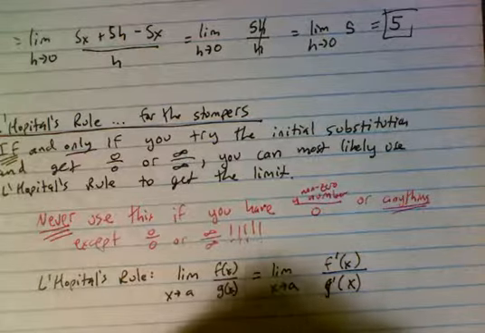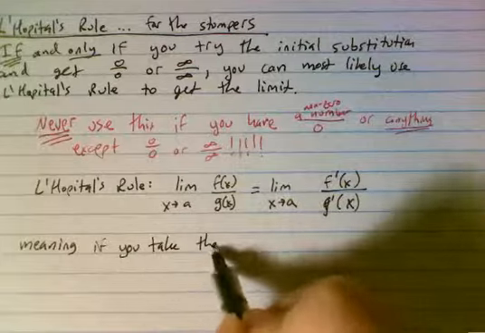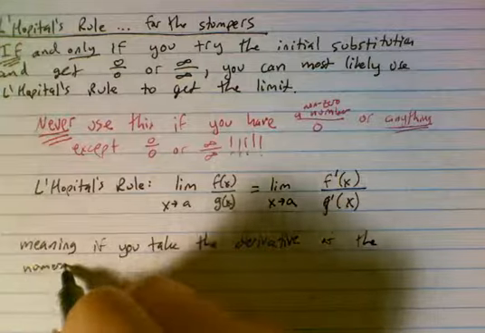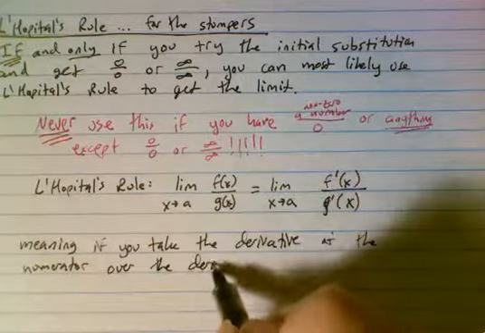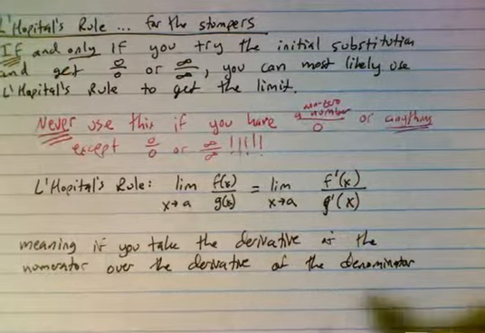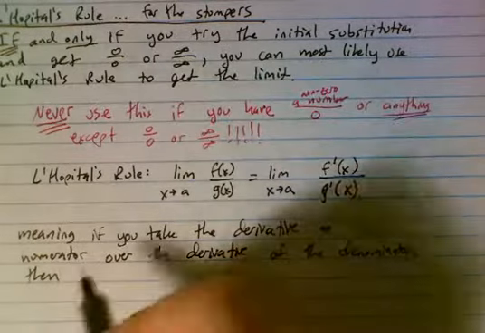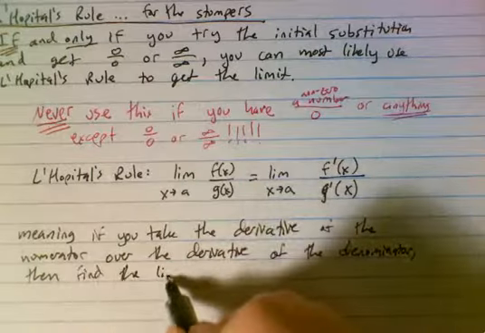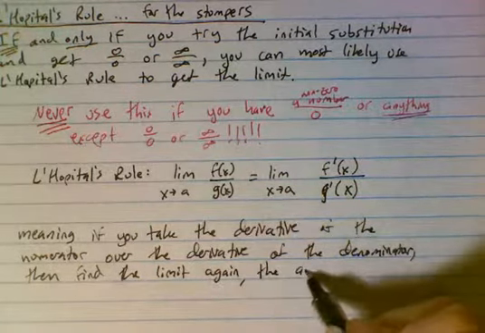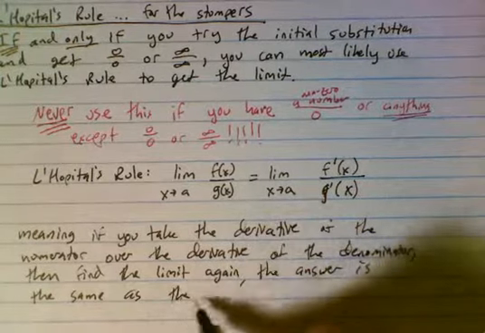What this means is you take the derivative of the numerator over the derivative of the denominator, then find the limit again, and the answer is the same as the original limit you were looking for.